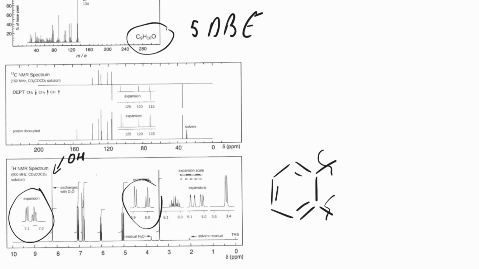And the reason this agrees with that kind of splitting pattern is the proton here has only one neighbor, so we'd expect to see two peaks. This next proton here has two neighbors, so we'd expect to see three peaks, and then three peaks and two peaks. And finally, because there are four distinct peaks, we know that this and this must be different.